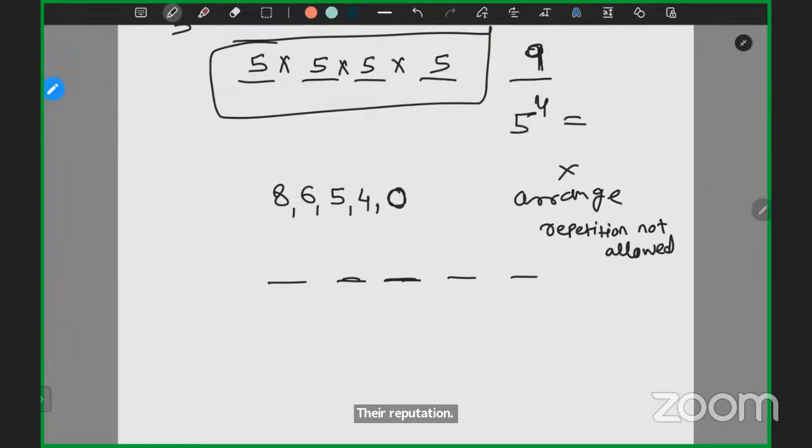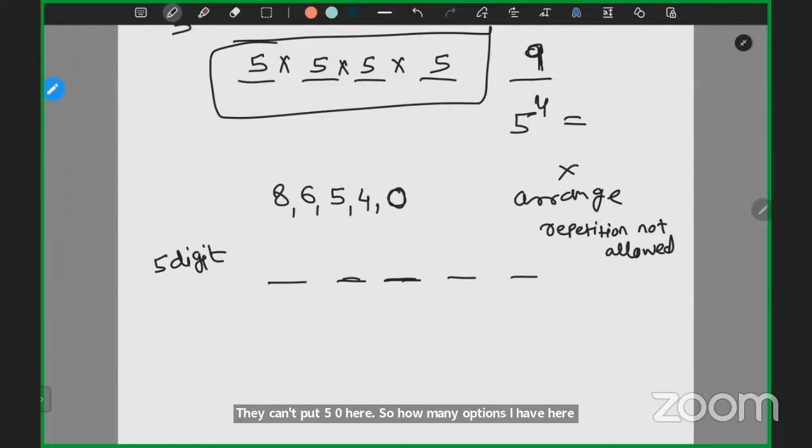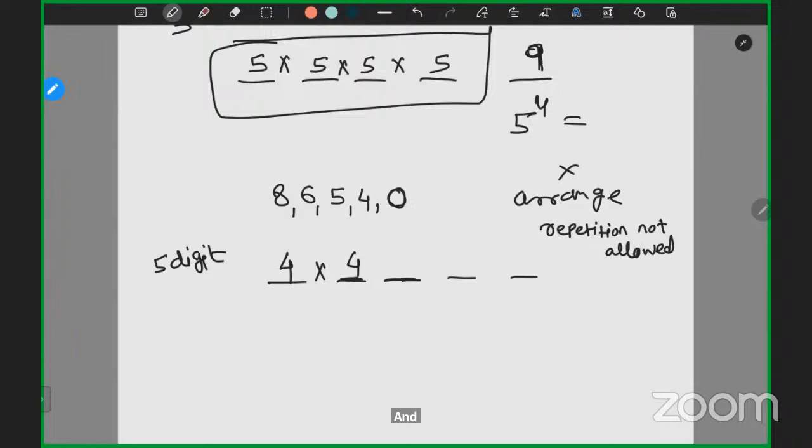In this case I can't put 0 here, otherwise the number will not be 5-digit. So how many options do I have here? Only 4. Then again 4 options, because now I can put 0 here.